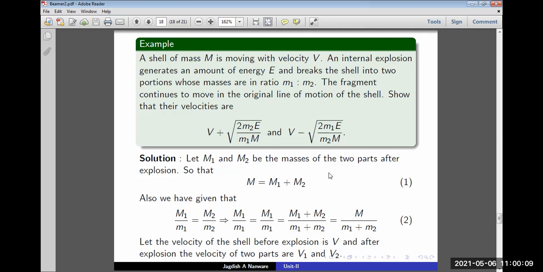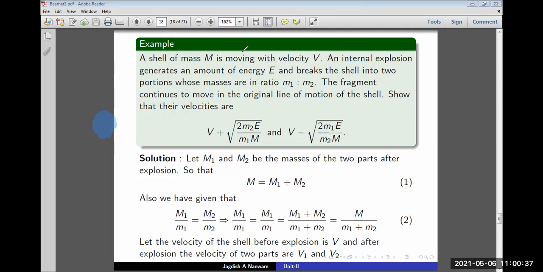Let us try to understand the problem first. See here, suppose this is the shell that we have, whose mass is given.